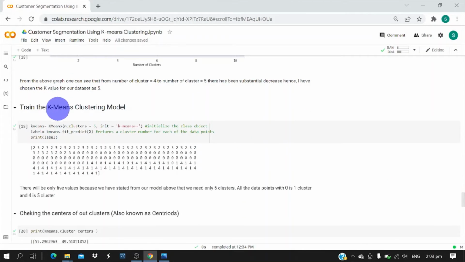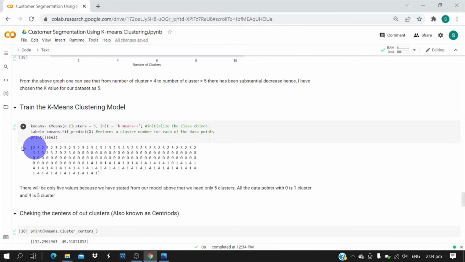The next step was to train the clustering model using the initialization step, and then I got these values, which return the cluster of each of the data points.